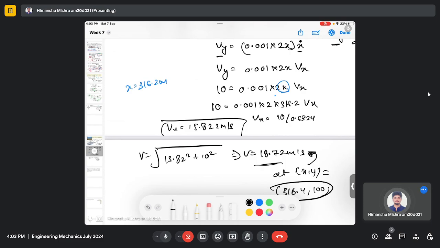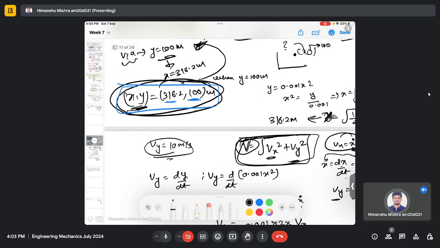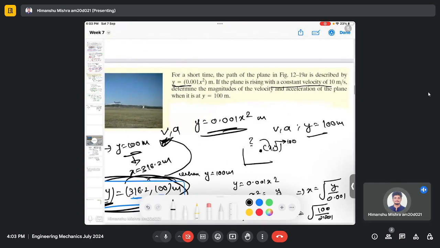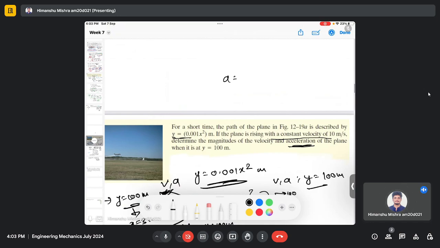Now, another very important thing given in the question. In the second part we need to find the acceleration, which is the total acceleration, and since acceleration is also a vector quantity we need to find its components first. So we need to find the x component of acceleration and y component of acceleration, then we can find the total acceleration by using this relation.